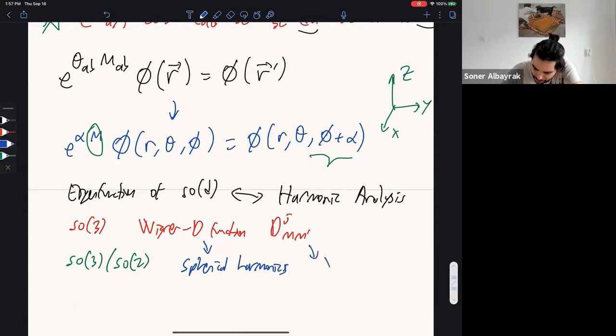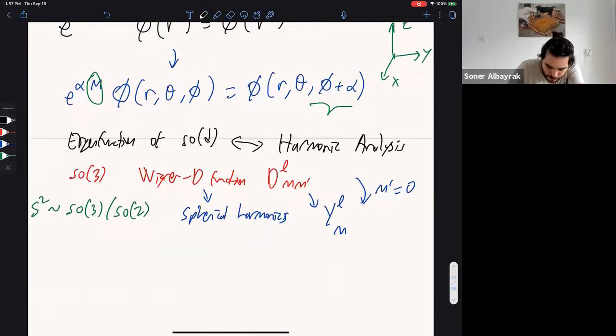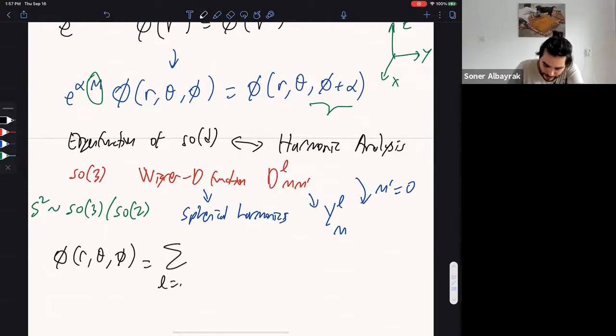It's basically Y. Actually, I should have used L here. It's more convenient for me, the L. It becomes Y, L, M. So during this transition, I set M prime equal to 0. And the nice thing is that this is actually a two-sphere, right? So that means I can basically just do my reparametrization of r, theta, phi as a sum over L from 0 to infinity.